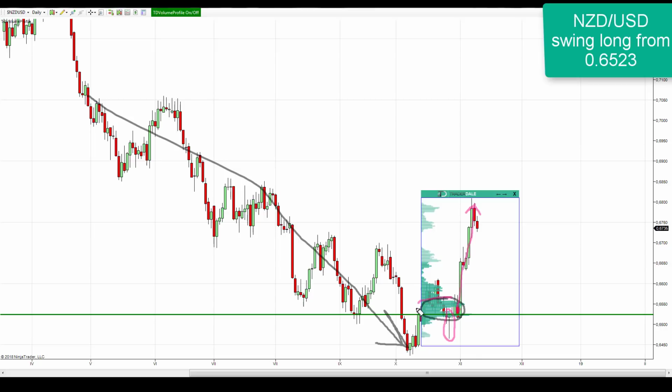So I think that those heavy volumes are volumes of strong buyers who were adding to their positions there, and afterwards they initiated this strong buying activity. And I think that when the price makes it back to this level again, those buyers will defend their buying positions and they'll push the price upwards again. The level is exactly at the place where the volumes were the heaviest, right there.